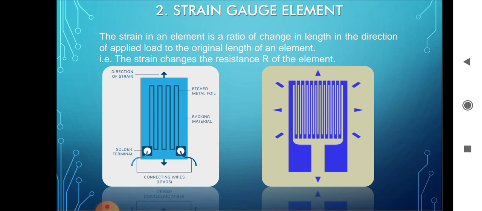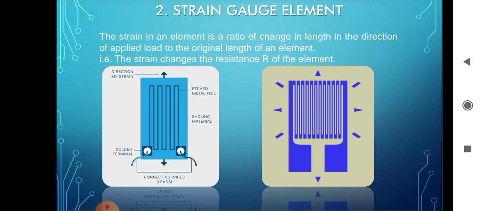So in order to measure the strain with a bonded resistance strain gauge, it must be connected to an electrical circuit that is capable of measuring the minute changes in resistance corresponding to strain. So strain gauge transducers usually employ 4 strain gauge elements that are electrically connected to form a bridge circuit, right?